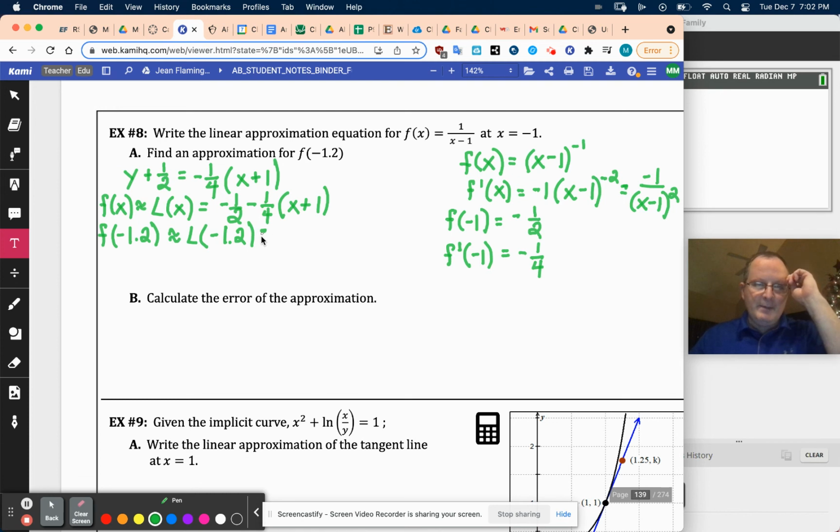Okay, I know I got a mixture of fractions and decimals here. We'll go with one of them in a second. So that'll be negative 1/2 minus 1/4 of negative 1.2 plus 1.